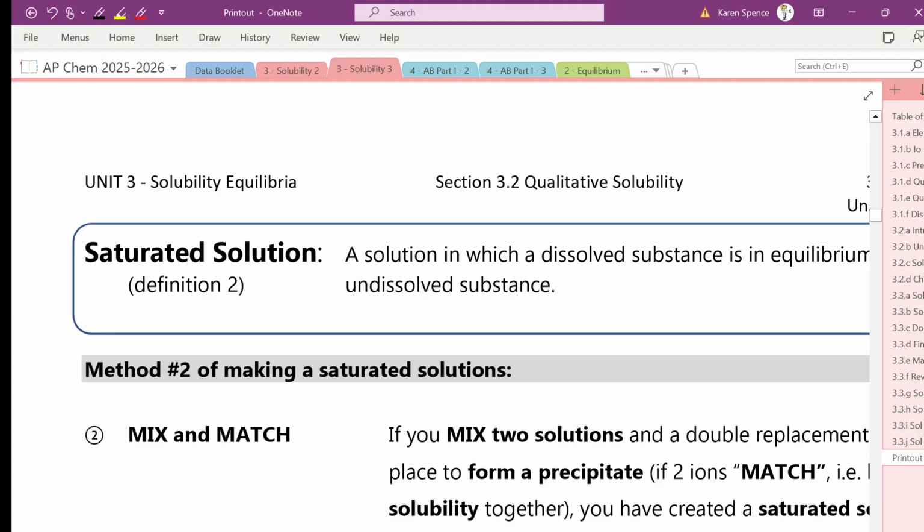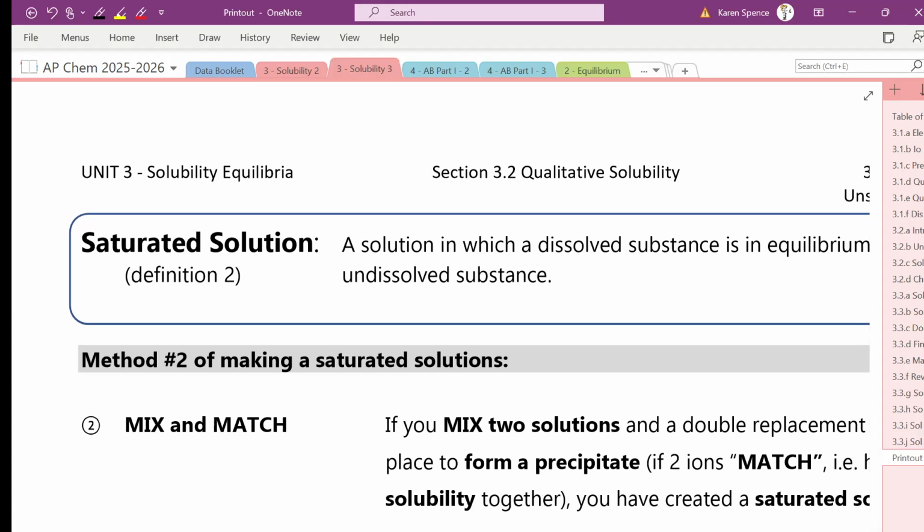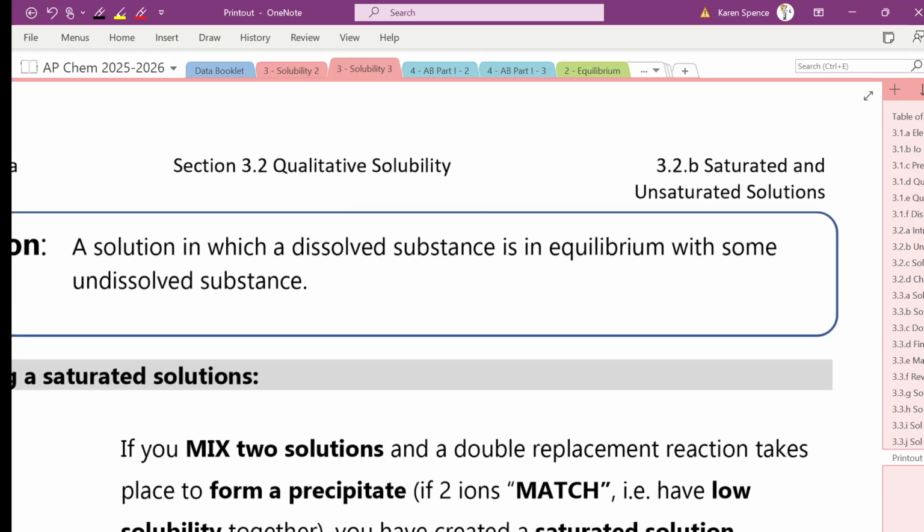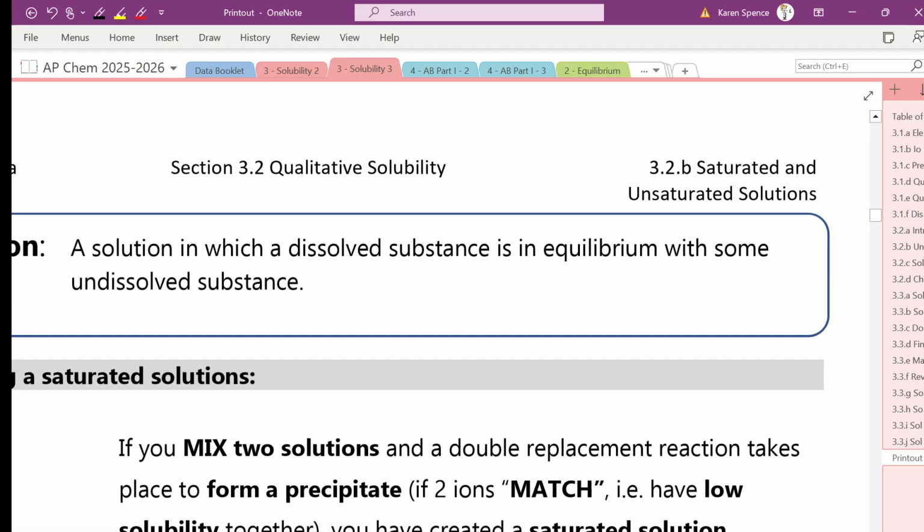Saturated solution definition 2: a solution in which the dissolved substance is in equilibrium with some undissolved substance. And this is the definition I was talking about, where I don't think it really... Do you need to have that undissolved substance to have a saturated solution?